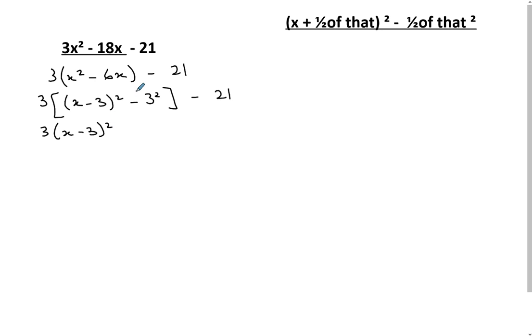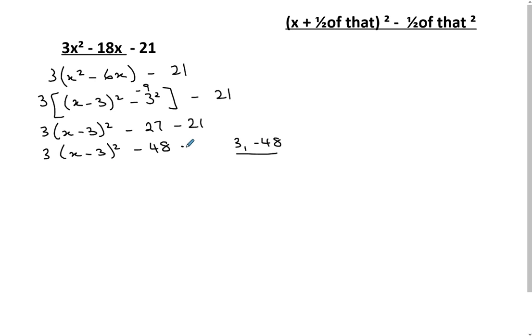Minus 3 squared is minus 9, so minus 9 times 3 is minus 27, minus 21. Okay, so you've completed the square: the expression is 3(x minus 3) squared minus 48. So your minimum point is (3, minus 48).